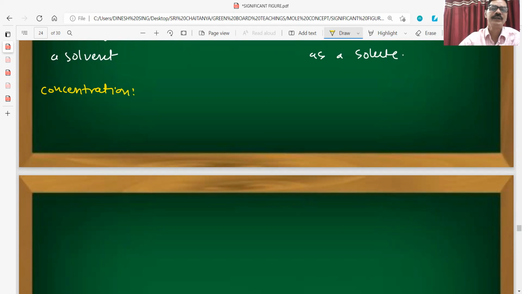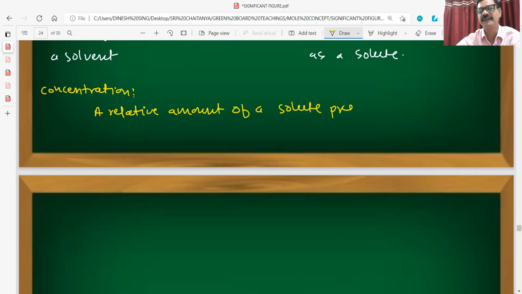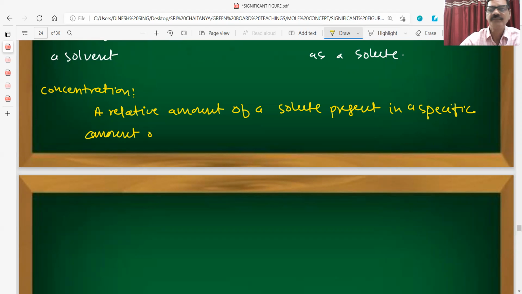The meaning of concentration is the relative amount of a solute present in a specific amount of a solvent or solution.